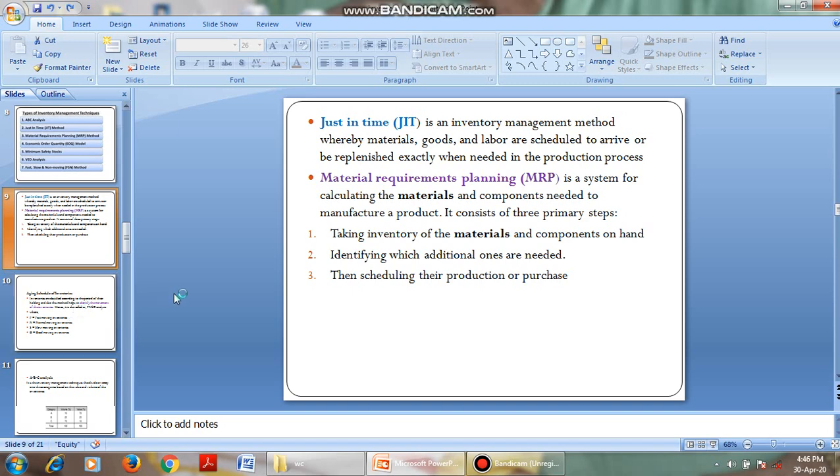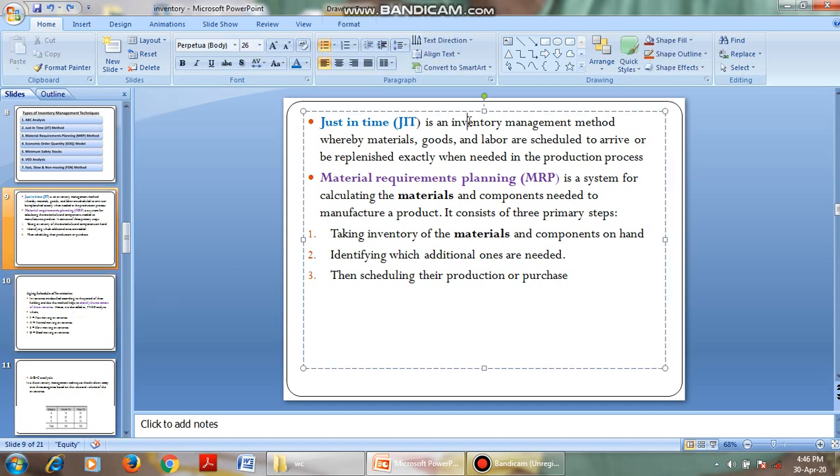It is the inventory management method where materials, goods and labor are scheduled to arrive exactly whenever we need them for the production process. For example, this just-in-time method says that we are not supposed to purchase raw material early.